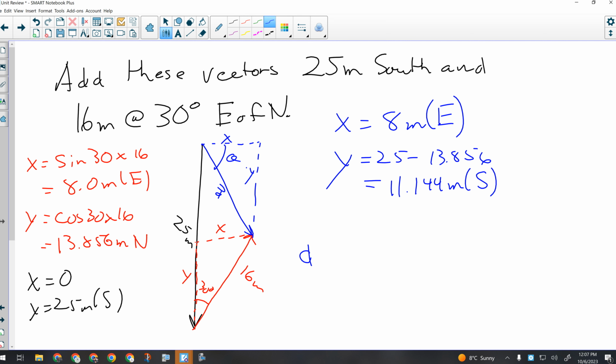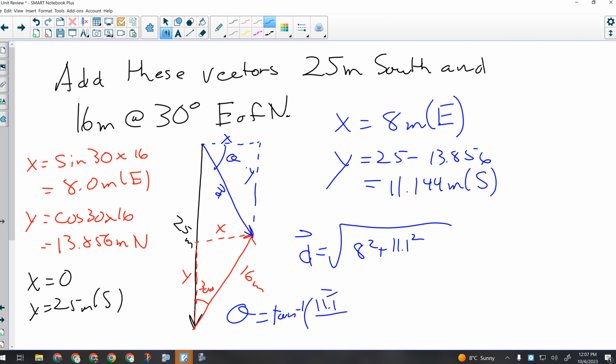So D would be Pythagorean theorem, 8 squared plus 11.1 squared, whatever that comes out to, and theta would be tan to the minus 1 of the opposite side, 11.1, divided by the adjacent side, 8. That would give you your vector. The one on your test isn't any harder than that.